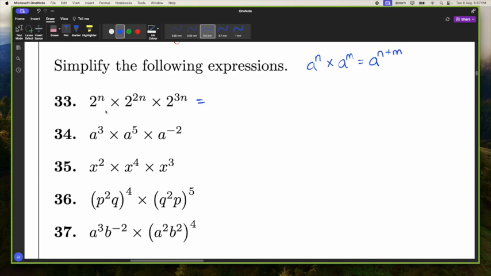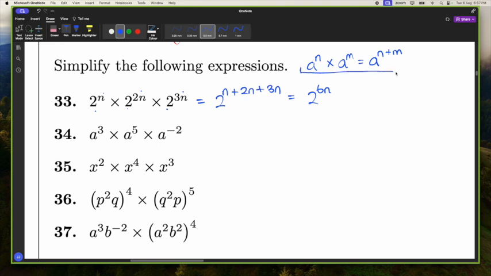So you can see here all of them are multiplying, so we have to add all of these indices. So this will be 2 to the power of n plus 2n plus 3n. So we have 2 and 3 is 5, and 1 makes 2 to the power of 6n.